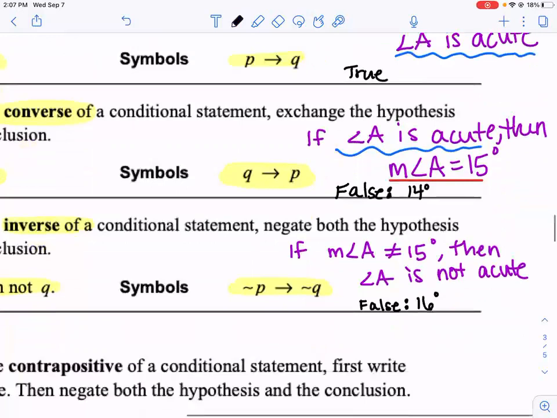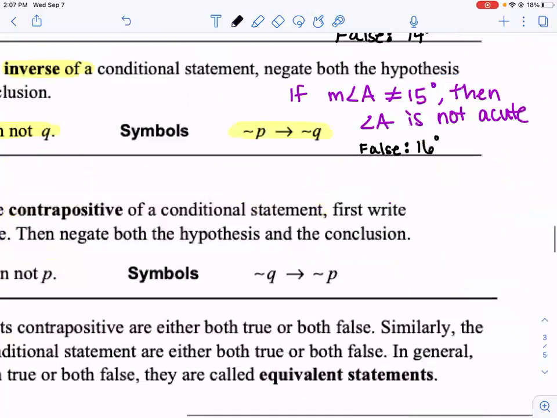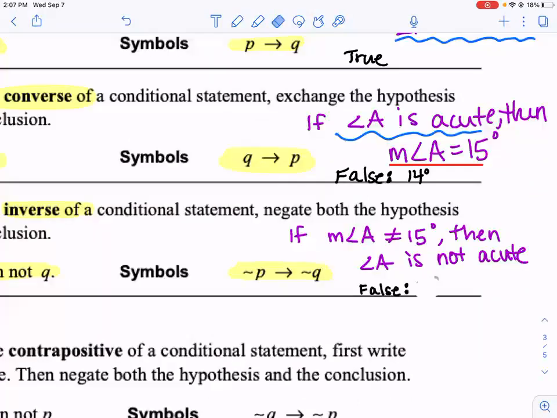What about 99 degrees? It's not 15. Nope. I'm going back to 16. Okay, so if the measure of angle A is not 15, then angle A is not acute.